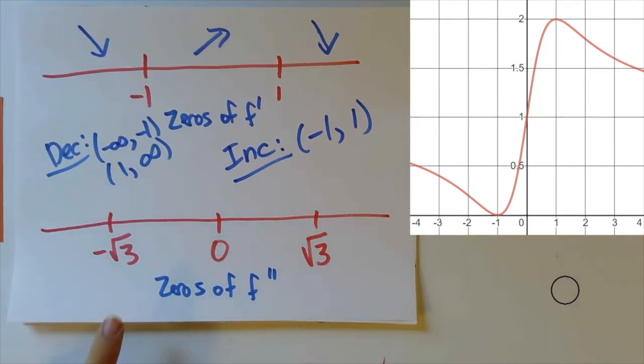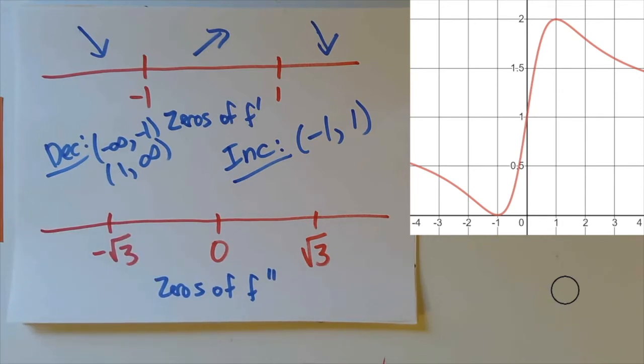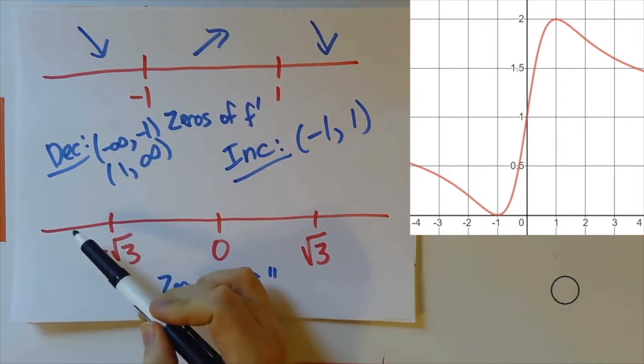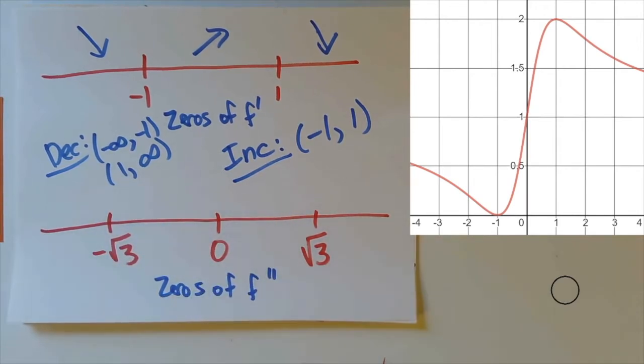But let's look now at the concavity piece. Okay. So over here, we're looking to the far left. And so what's true about the concavity at the far left? Well, at the far left, the function is concave down. That's here. Okay.